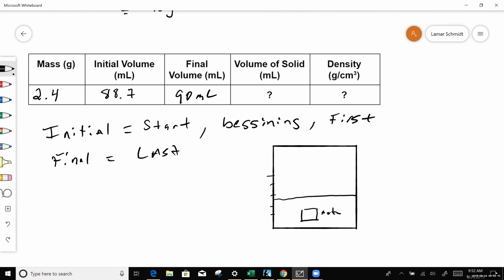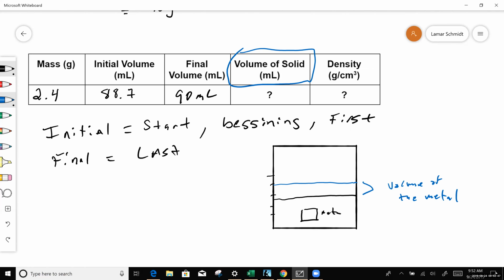What happened to the volume of the water? It rose. And so the difference in the volumes is going to be the volume of the metal, right? And that's what this data table is telling us, all right? We have an initial volume, and then we have a final volume, and then from that we can figure out what the volume of the solid is. Do you see that? So that's exactly what we're looking at.